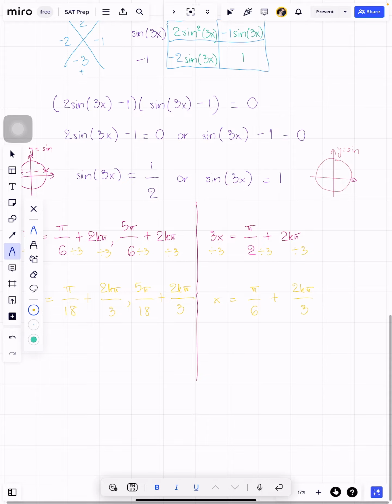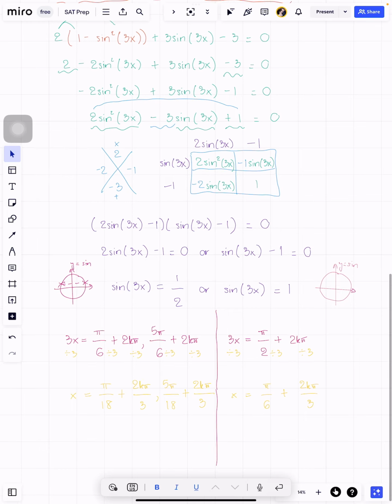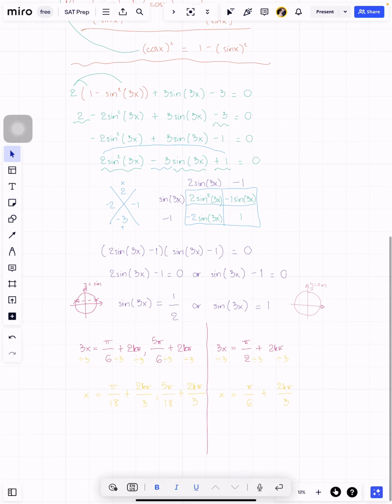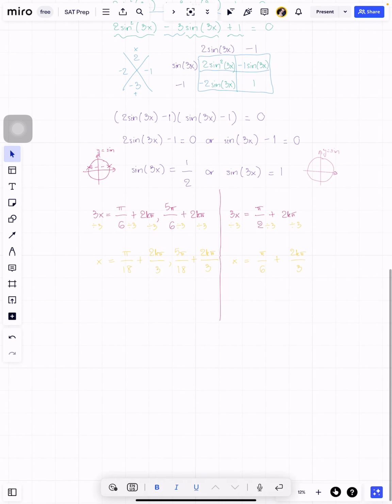After this, keep in mind that the instruction of the problem is that they want all the angles within the first cycle going from 0 to 2 pi. So our job in here is to keep plugging in values for k until we get something that's not in the first cycle anymore, then we stop.